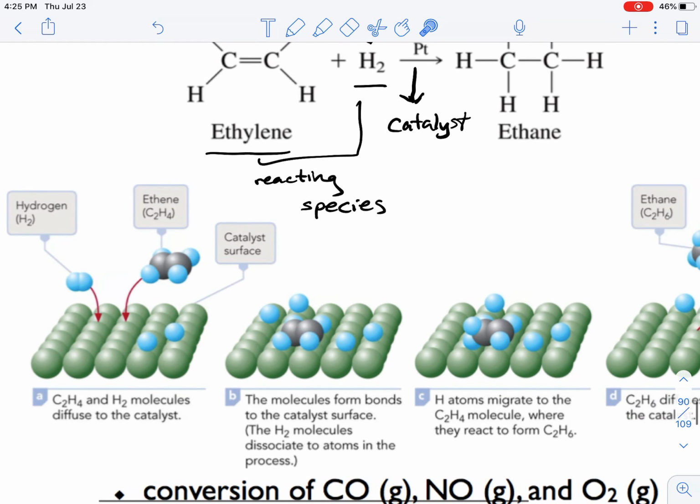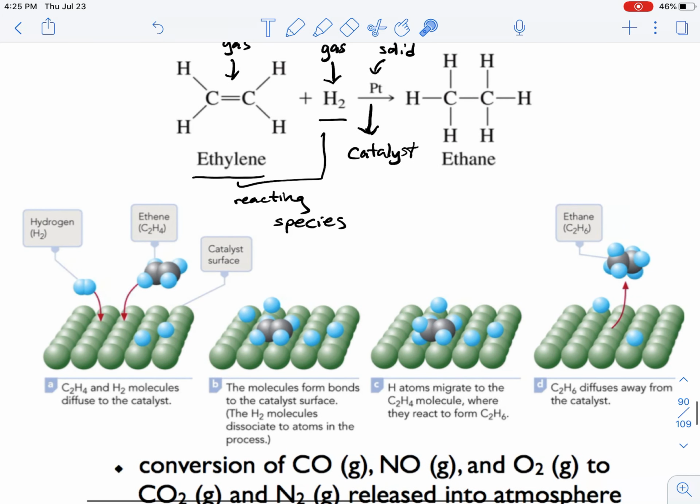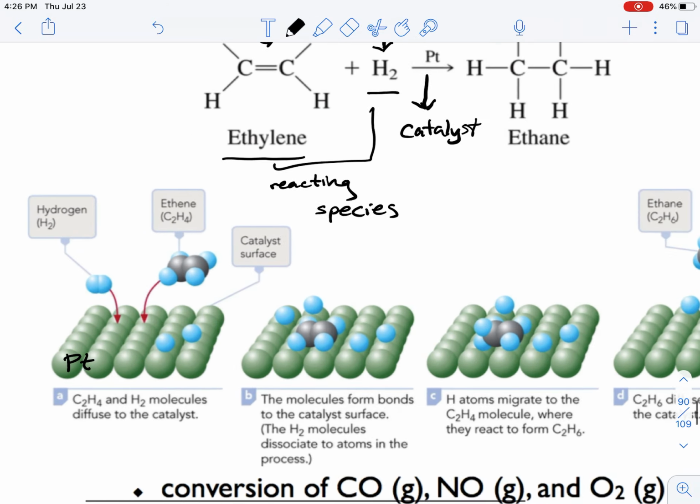And so this diagram illustrates the general mechanism. The green circular spheres here represent platinum.